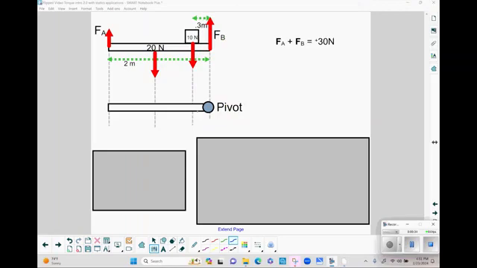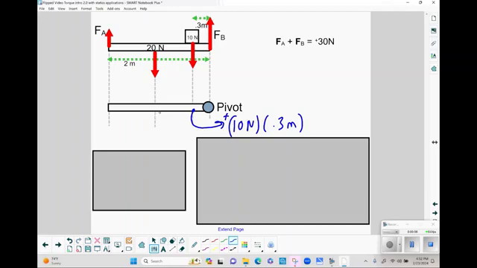Starting out from the pivot, I see that I have this force of gravity from the 10 newton block that's going to go down and around the pivot. That would be 10 newtons of force times the distance of 0.3 meters that they gave me. And since this down and around is going to go in a counterclockwise direction, this must be a positive torque.